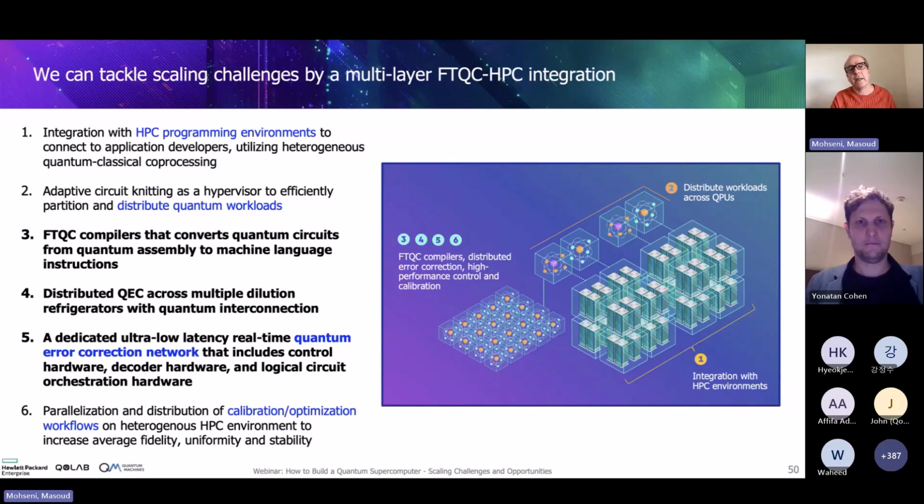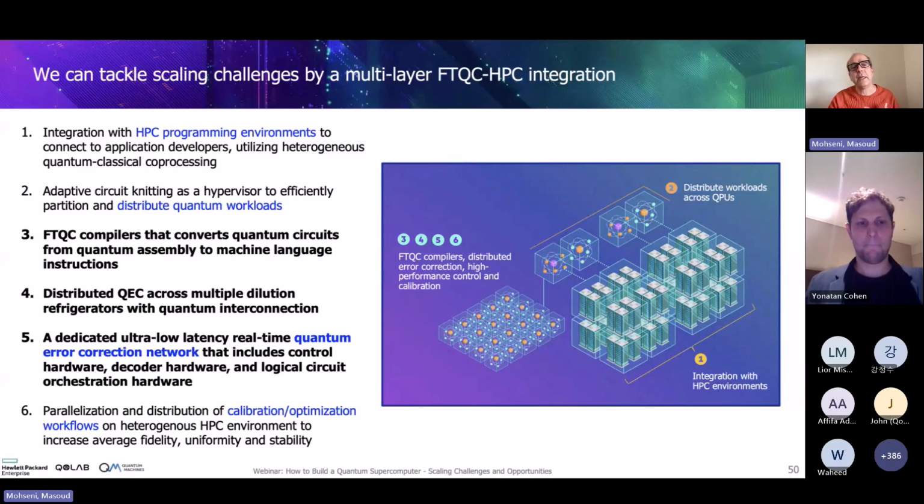And that needs a tight integration with HPC, but you need to be able to perform distributed error correction, basically having this topological surface code distributed across multiple dilution refrigerators. You need ultra low latency real-time decoders. And at the lower bottom layer would be calibration and control.